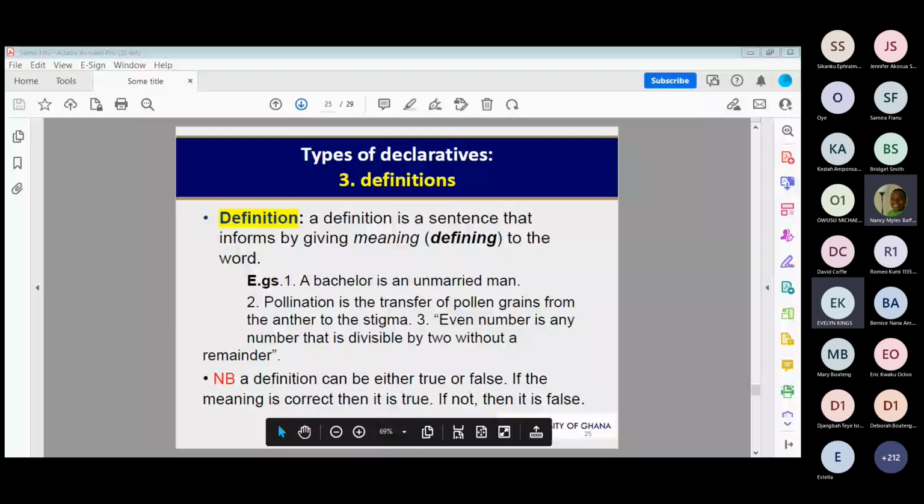Then the last one. A bachelor has a good conscience. So the first one, a bachelor is an unmarried adult male. The second one, a bachelor is sitting under the tree. The third one, a bachelor has a good conscience.